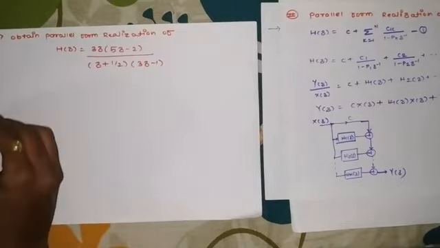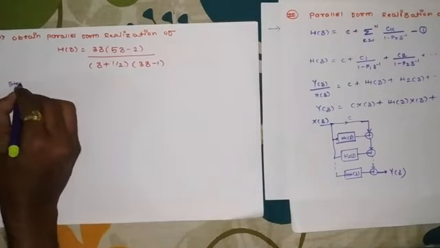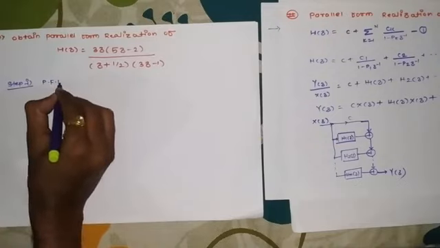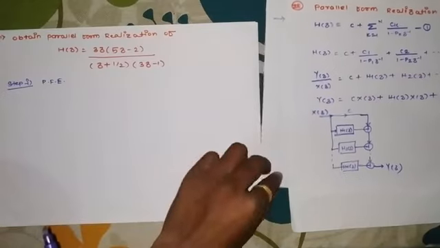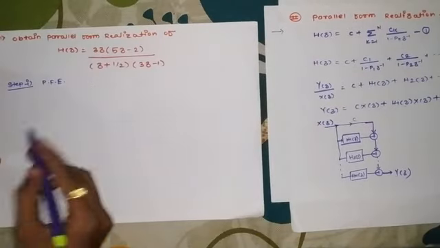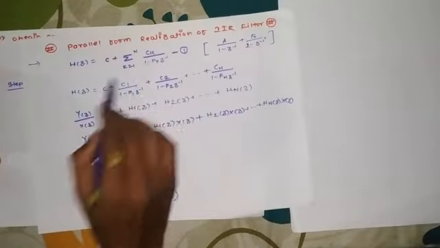So the first step: step number 1 is we will apply partial fraction expansion. Before applying partial fraction expansion, we'll take this z in the denominator of H(z) so that we can get a constant term. You can see this is the simplified form, C plus all these terms.